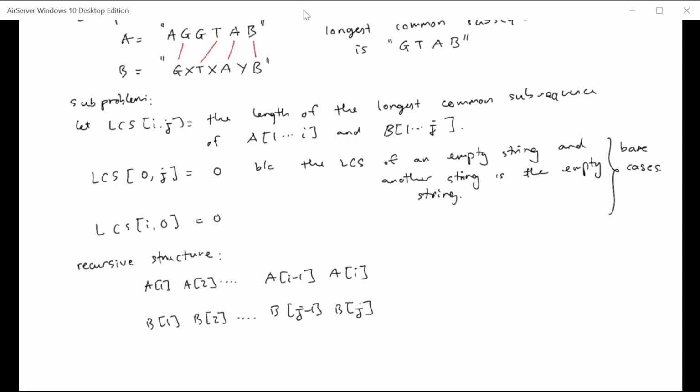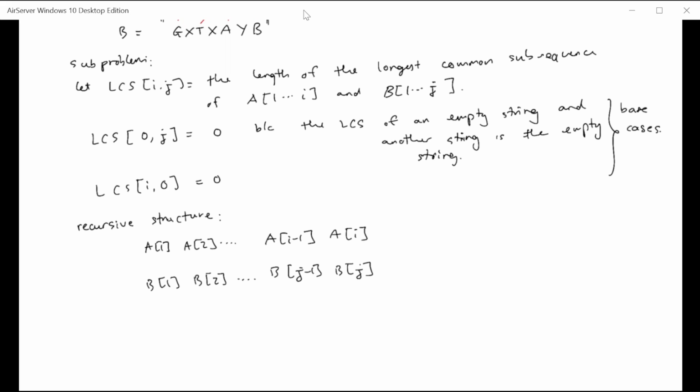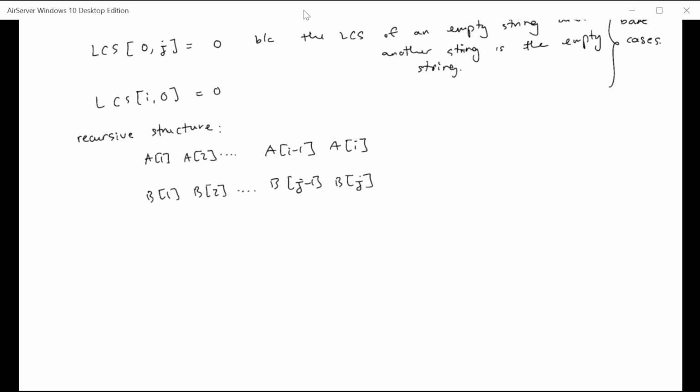Okay, so if Ai is equal to Bj, then we can match Ai with Bj, like this.